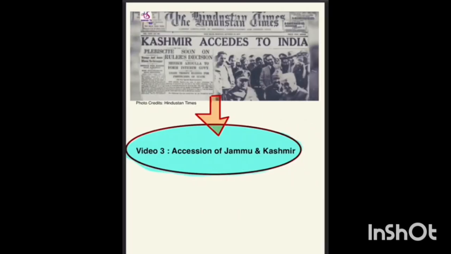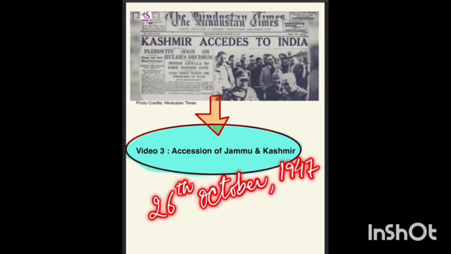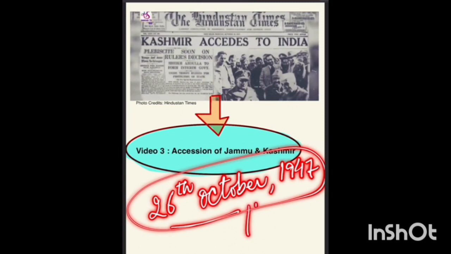In our last video, we will understand the accession of one of the most important princely states, now the Union territories of Jammu and Kashmir and Ladakh, how it acceded to the Union of India on 26th October 1947, and the challenges it faced. We'll see these things in detail in our next video.